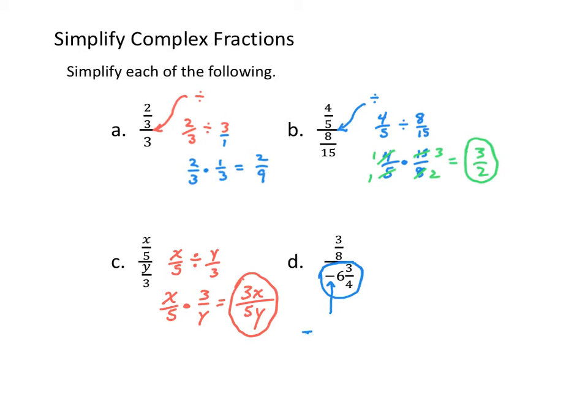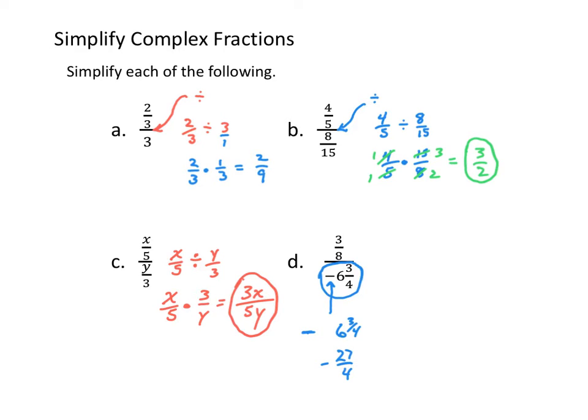So this is the negative of 6 3/4. Just do 6 3/4. 4 times 6 is 24. That's 27 fourths. Then put the negative sign back on it. Okay? Because otherwise, you can't make part of the mixed number negative and the other part positive. You can't do that. If it's negative 6 3/4, it's negative 6 and negative 3/4.